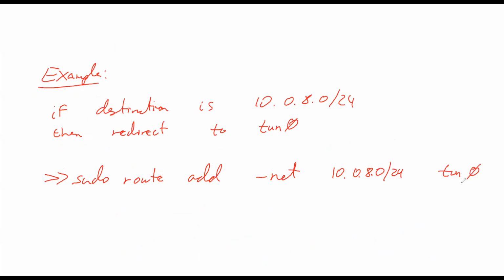And that's it. If you want to view the routing table, you probably don't need sudo for that, just route -n, to view the table.